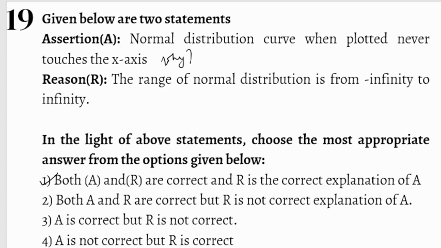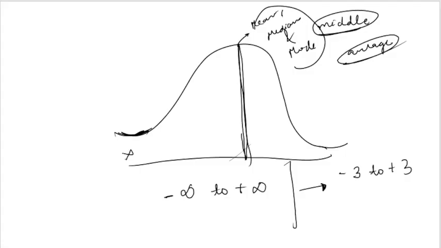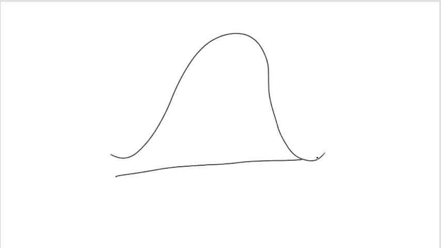So about the NPC, let me add another slide. As we discussed, in a logical or practical sense, it can range only from -3 to +3, but in a theoretical sense it can range from negative infinity to positive infinity.